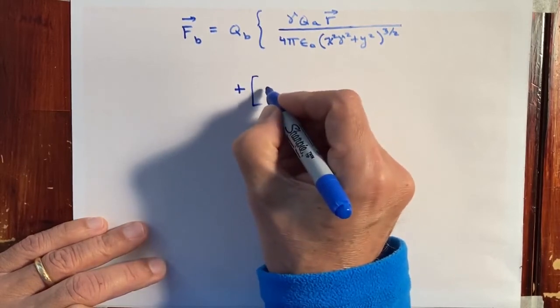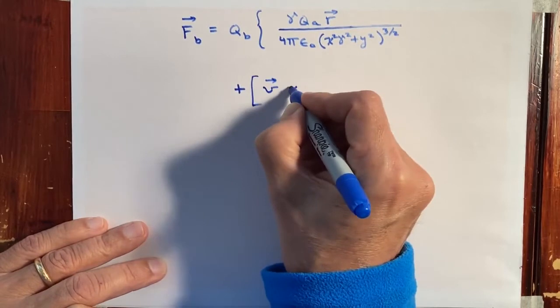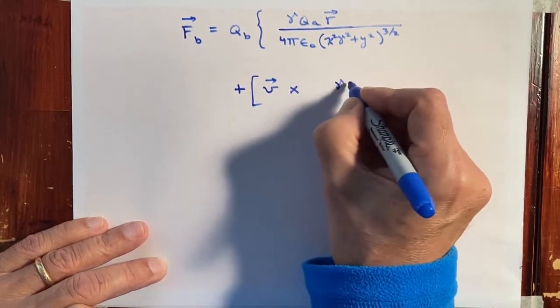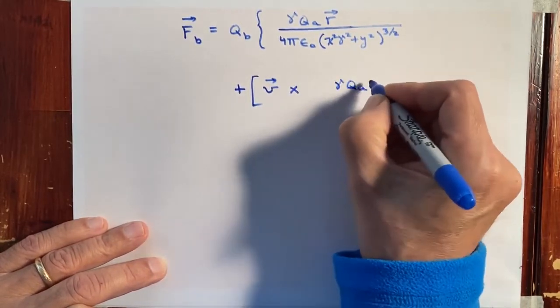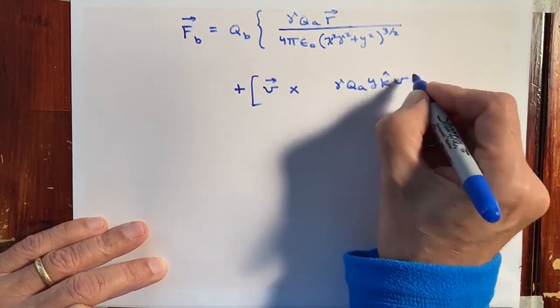So we put brackets vector v cross a bunch of constants, gamma q sub a, y, k hat v.